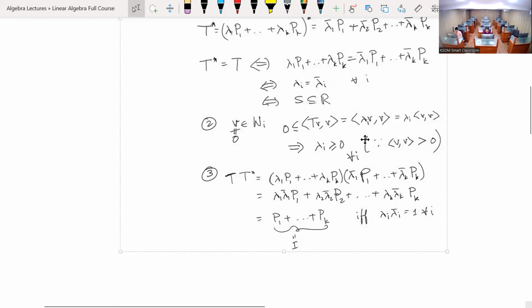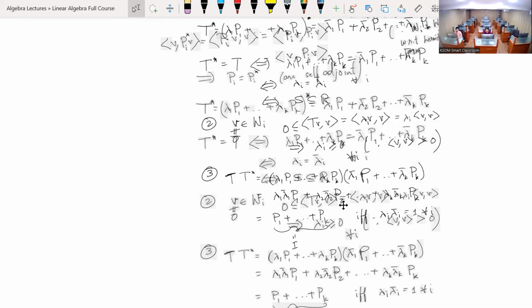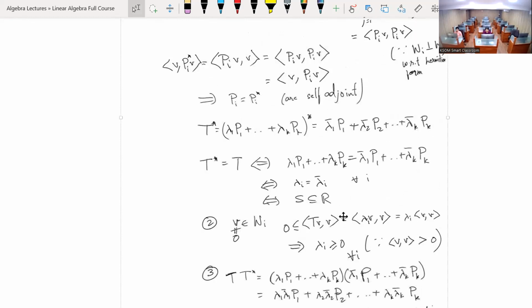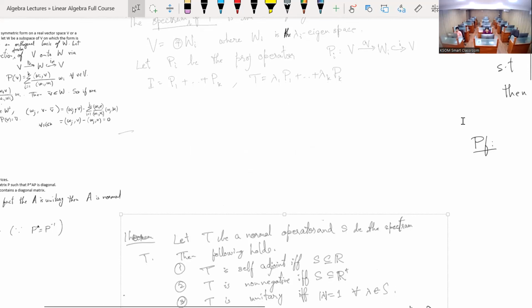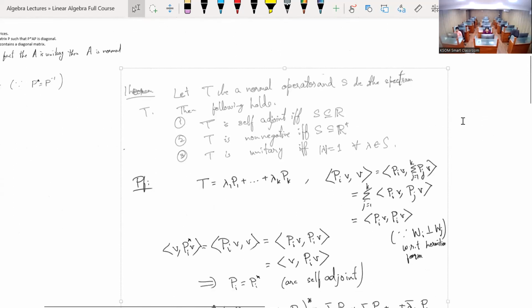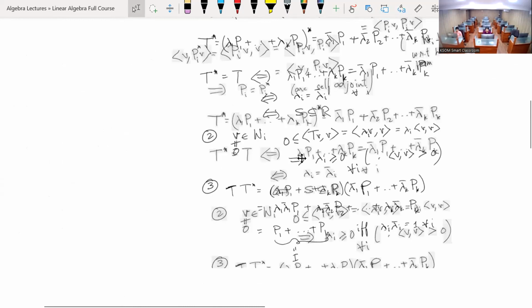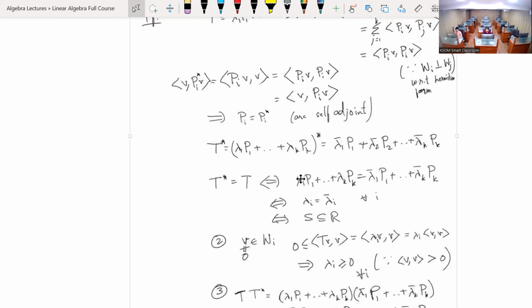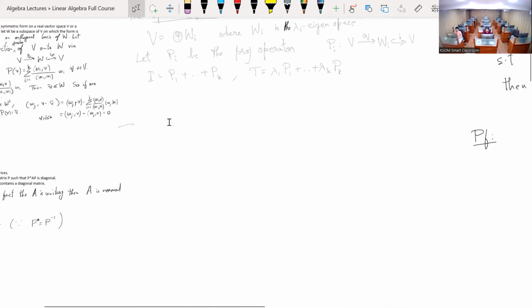Let me move this below a little. Little more. Yeah. And then we'll prove the theorem.